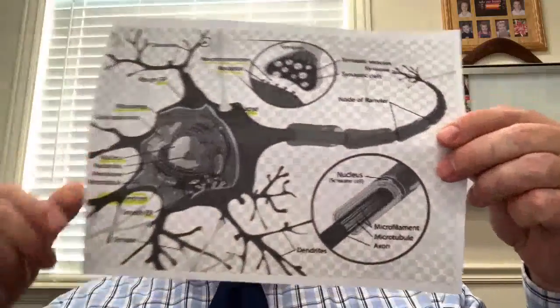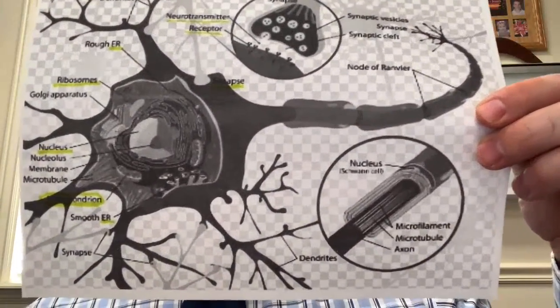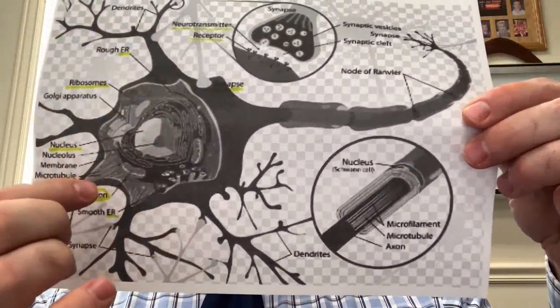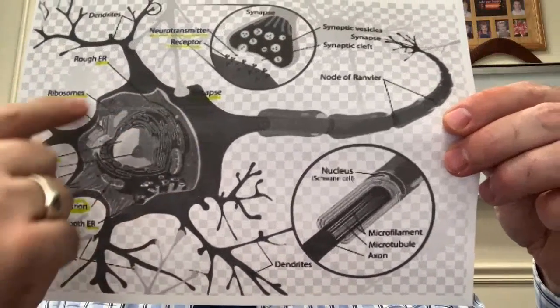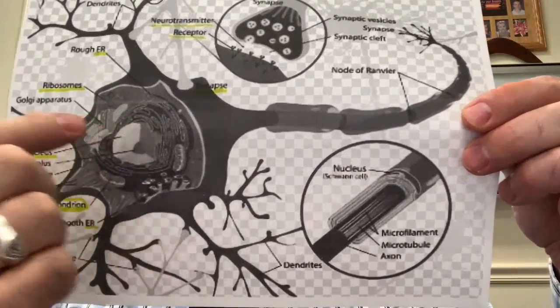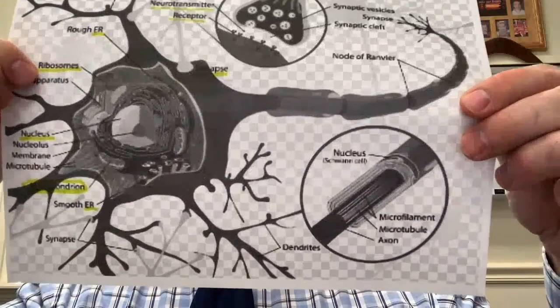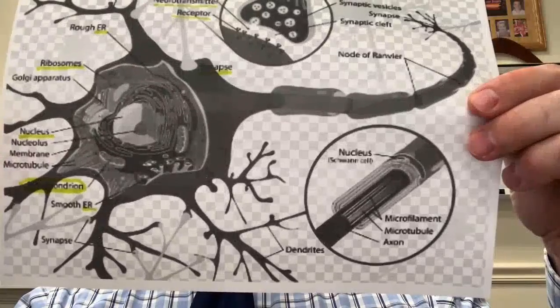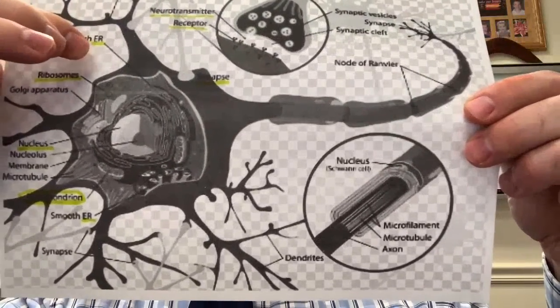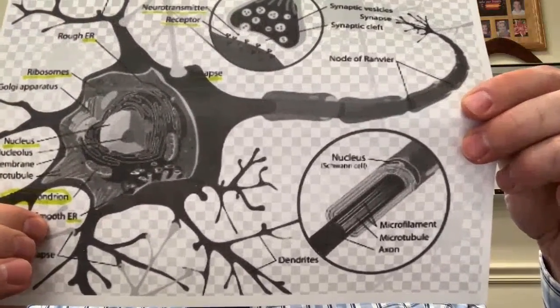We talked about this a little bit last time, but this is the nerve cell. Again, you've got the cellular membrane, the nucleus, the ribosomes, and the endoplasmic reticulum, which they have marked as ER, rough ER, and smooth ER.